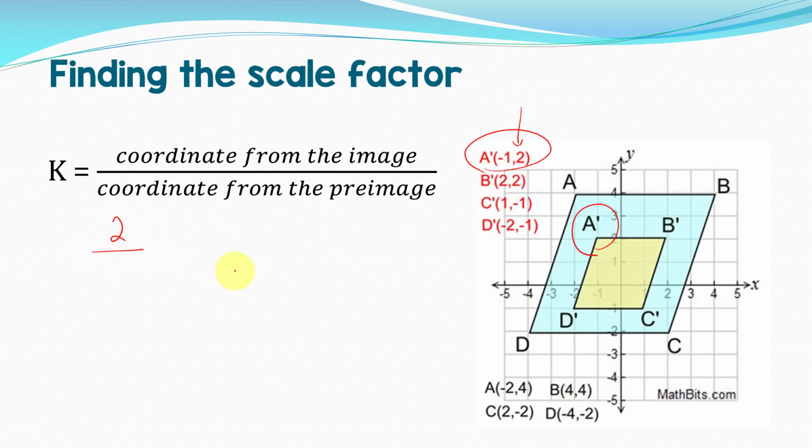And in the pre-image, the y-coordinate of the same point is 4. Reduce that to 1/2. And we say that the scale factor is 1/2. So in other words, the pre-image, the blue one, times 1/2 gave us the image, the green one. It is half as big as what it started as.